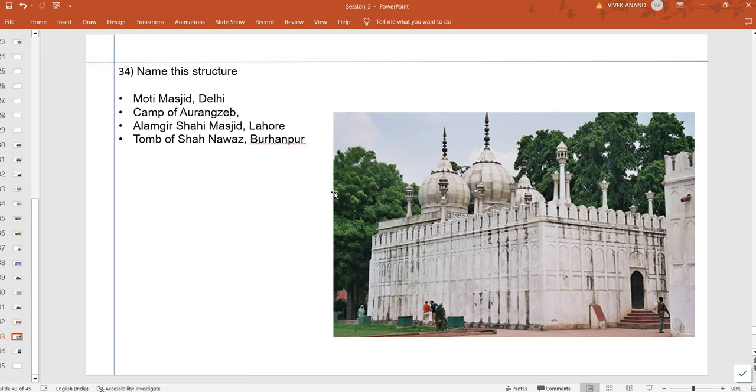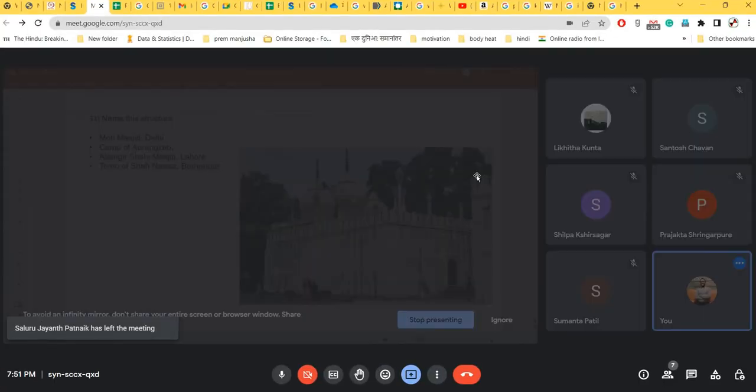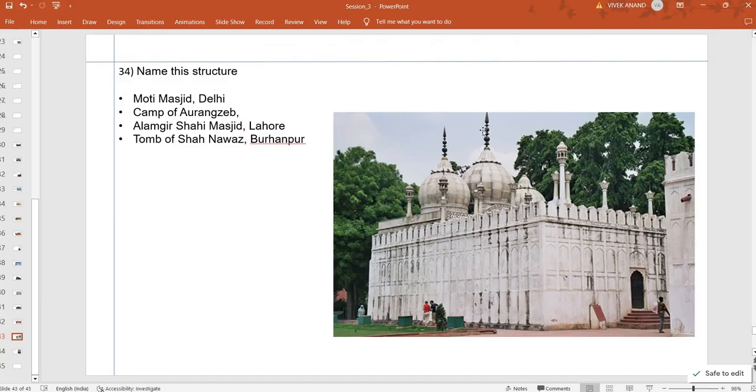Can you tell? So in Delhi, this is located at Red Fort, and the outer structure is cladded in marble, and using these pearl-like structures on the domes, it has been termed as Moti Masjid. So this is the right answer.